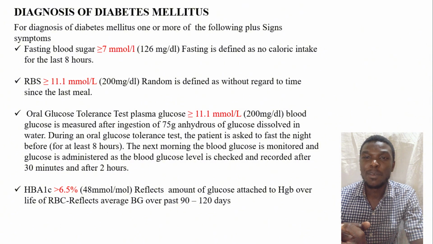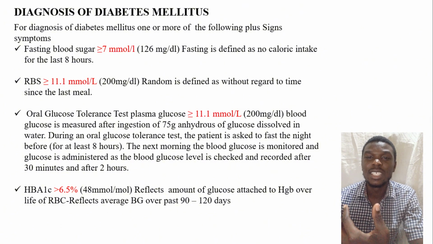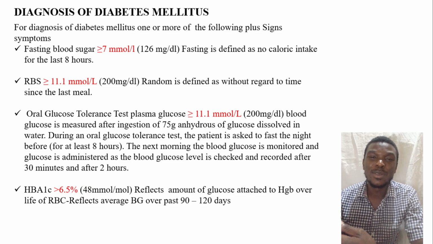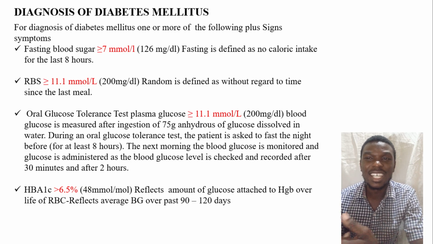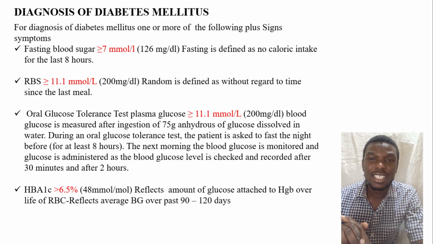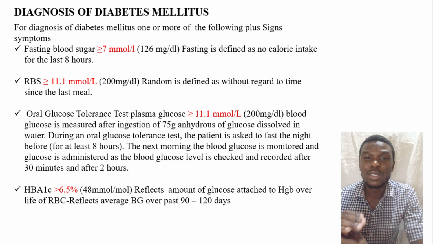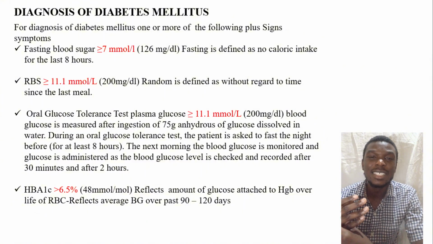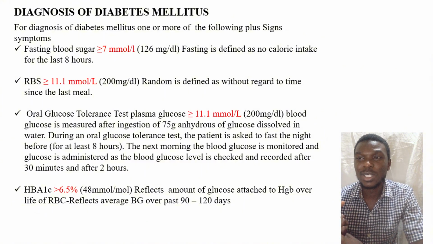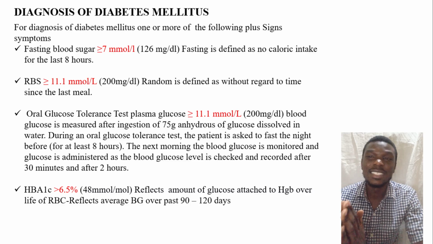So you have a patient that you suspect has diabetes: they are overweight, they have a family history, and they have those signs and symptoms. They complain of excessive urination, hunger, and weight loss. So you want to check if they have hyperglycemia, so that you can know that this is diabetes.